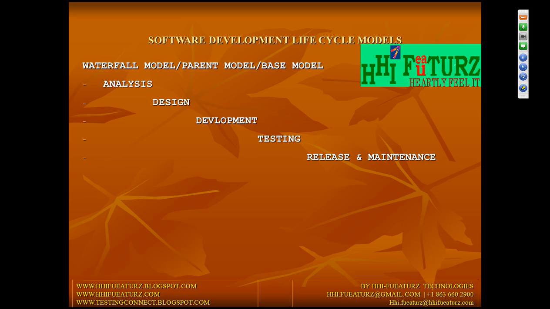These are the phases you will come across. And my primary question is why I'm putting them like this: analysis, then design, not down, then the next. What is the reason behind this?